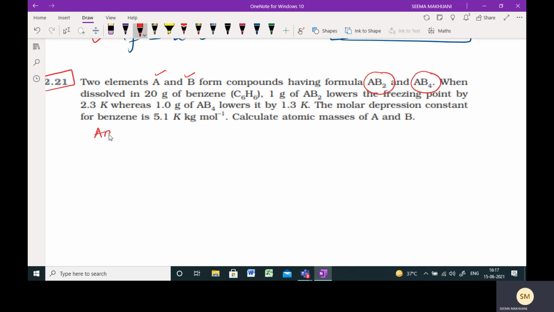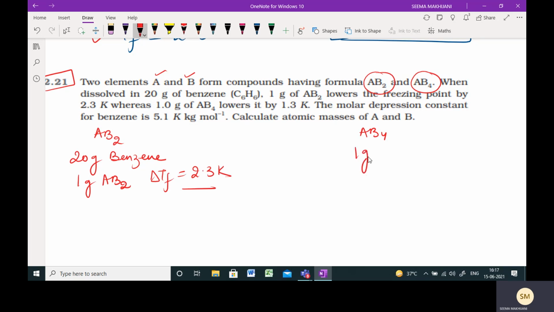When dissolved in 20 grams of benzene, which is C6H6, 1 gram of AB2 lowers the freezing point by, that is delta TF, is equal to 2.3 K, is the data for AB2. Similarly, if you have 1 gram of AB4, it lowers the freezing point by 1.3. So delta TF in this case is 1.3 K.